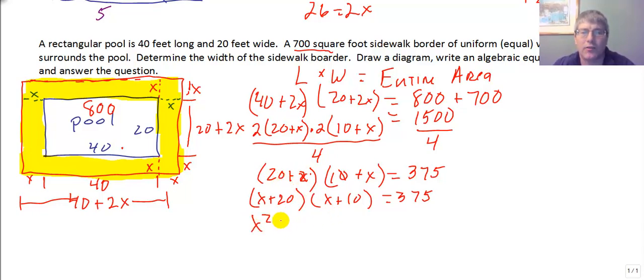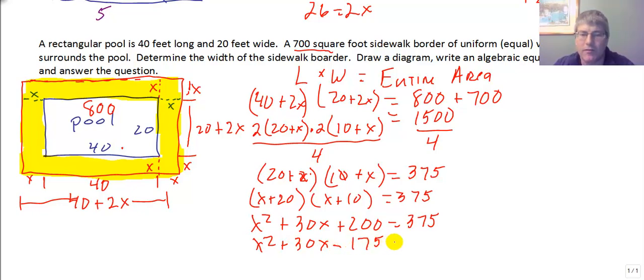We get x squared plus 30x plus 200 equals 375. We have to set one side equal to 0. So we get x squared plus 30x minus 175 equals 0.